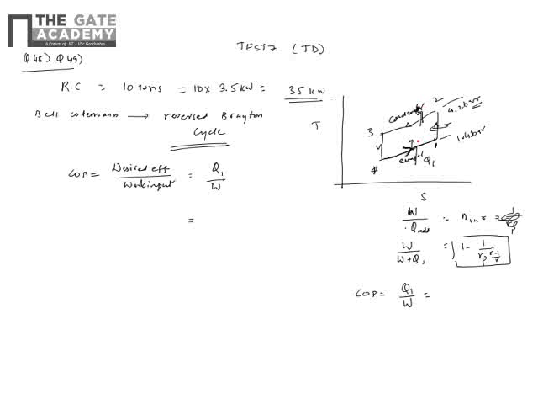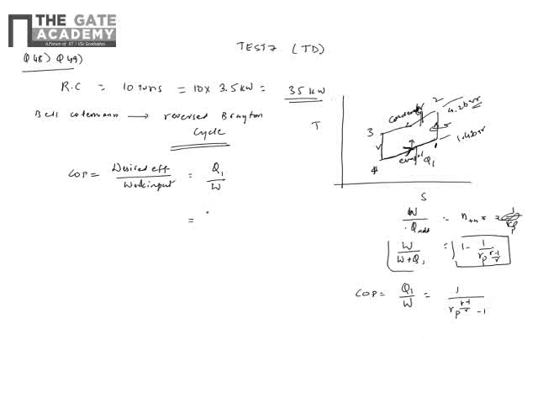So Q addition is nothing but Q1 plus W. I am deriving the COP expression because I know it's a reverse Brayton cycle, using the fact that in a Brayton cycle this is the case. From this I need to find Q1 by W; just reciprocate and you will get 1 by RP to the power gamma minus 1 by gamma, minus 1. This is what I get for the COP.